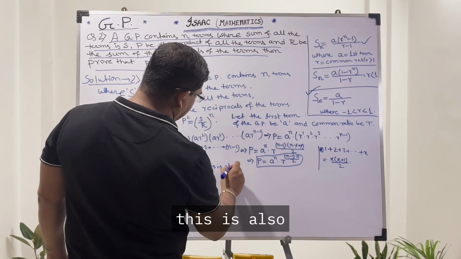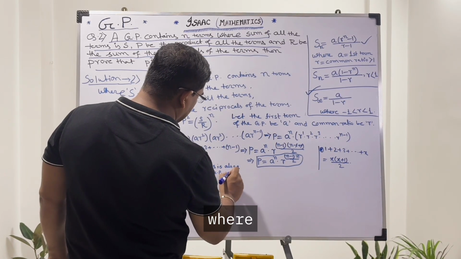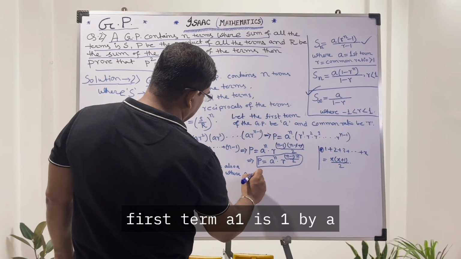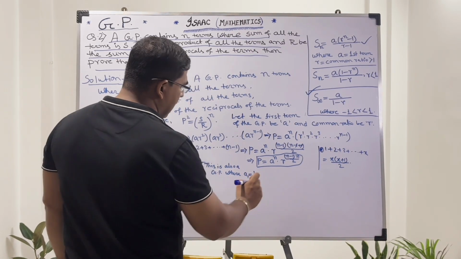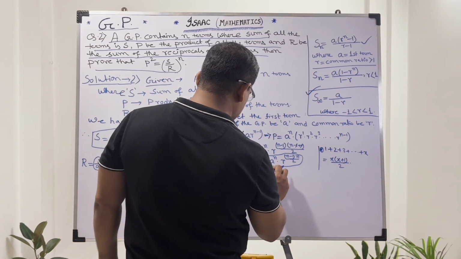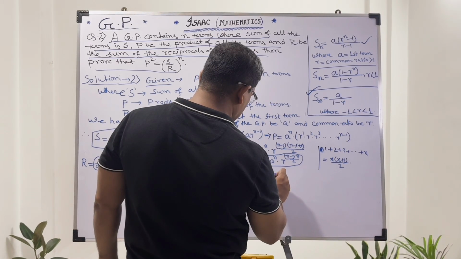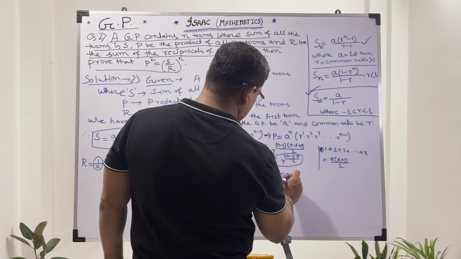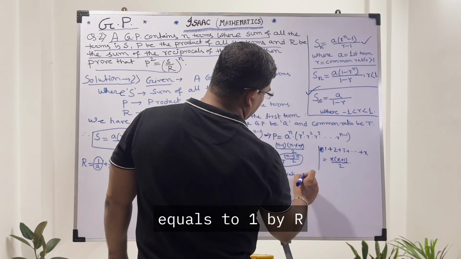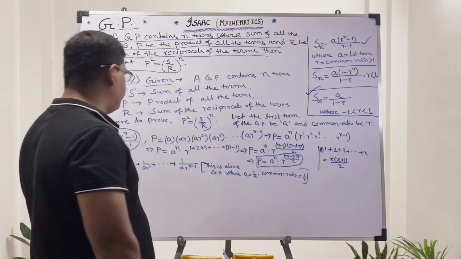This is also a GP where first term A1 is 1 by A and common ratio equals 1 by R. Okay.